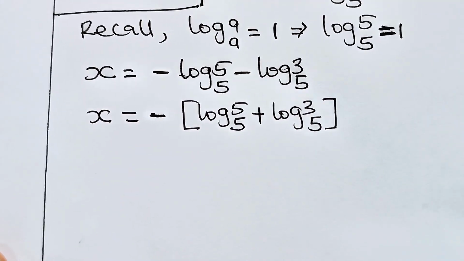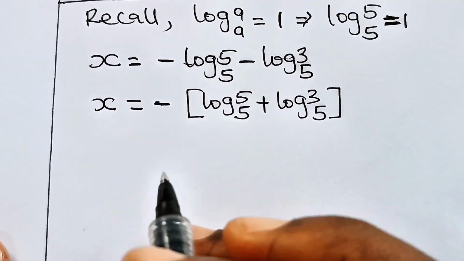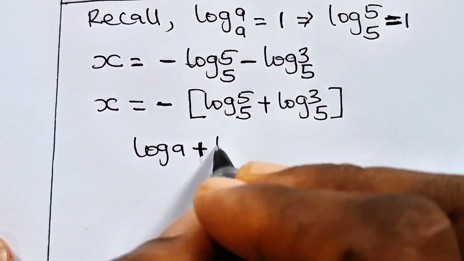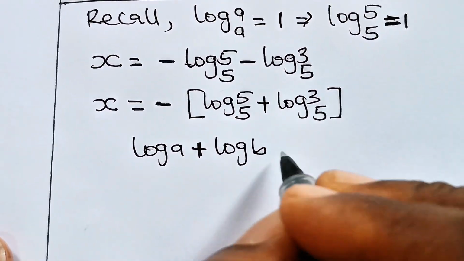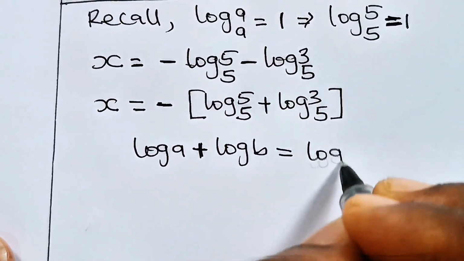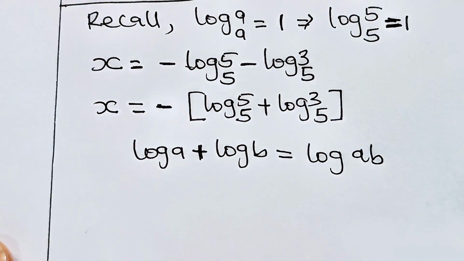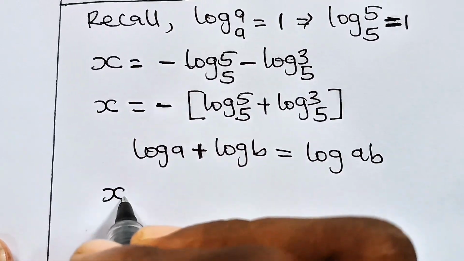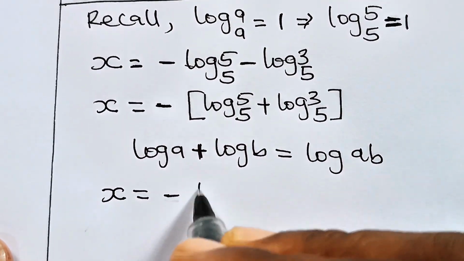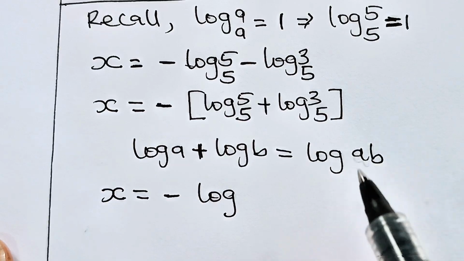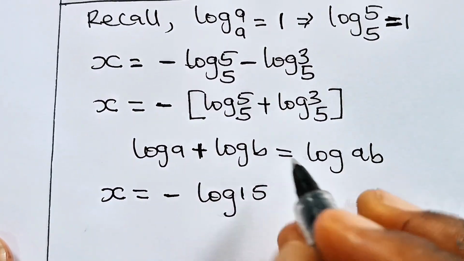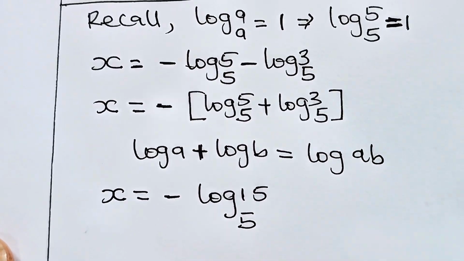Now, remember that log A plus log B is equal to log A multiplied by B. So it means that we can write this as x is equal to minus log, this is 5 times 3, which is 15, and they have the same base as base 5, okay?